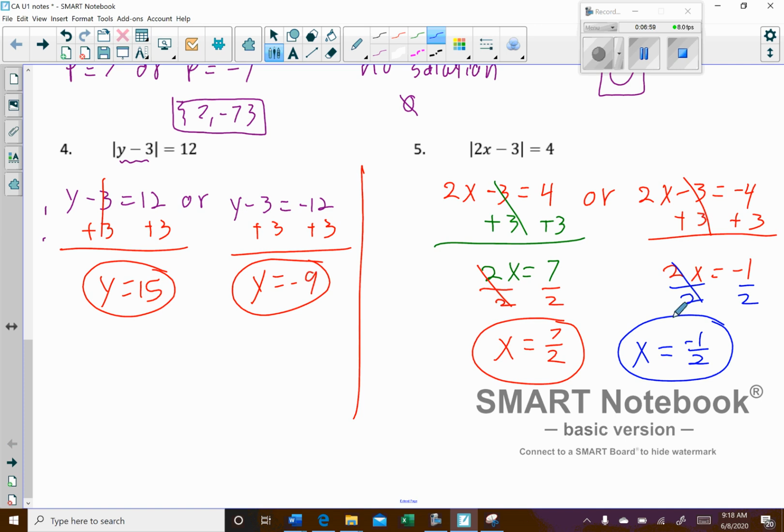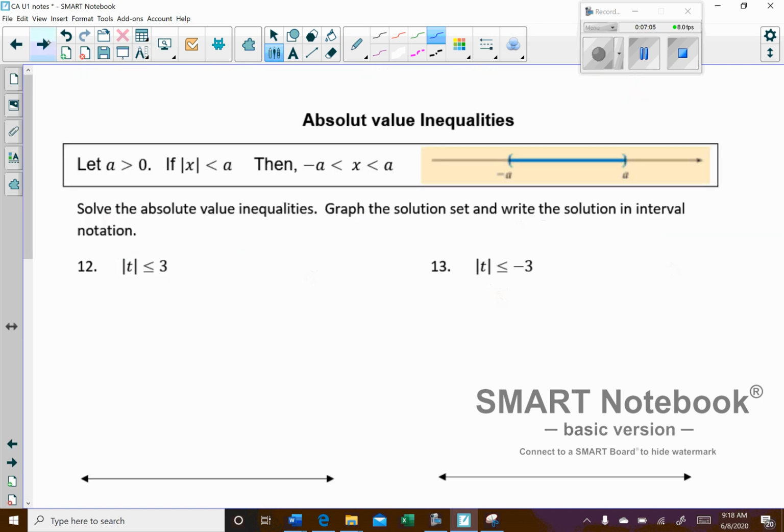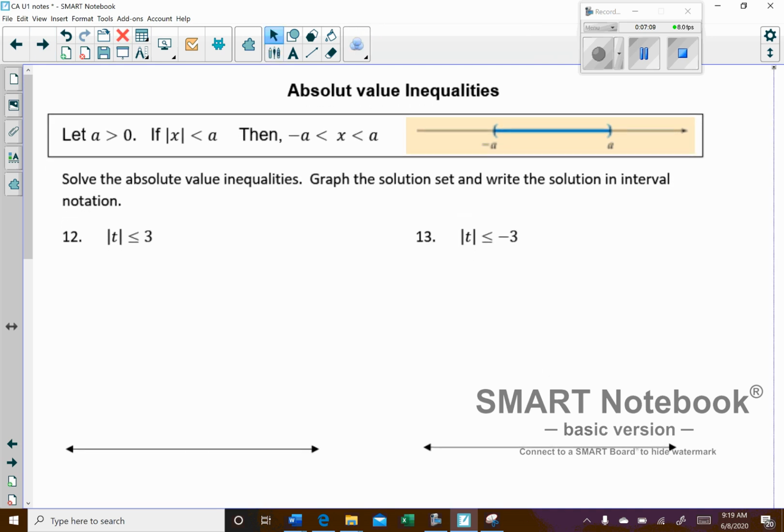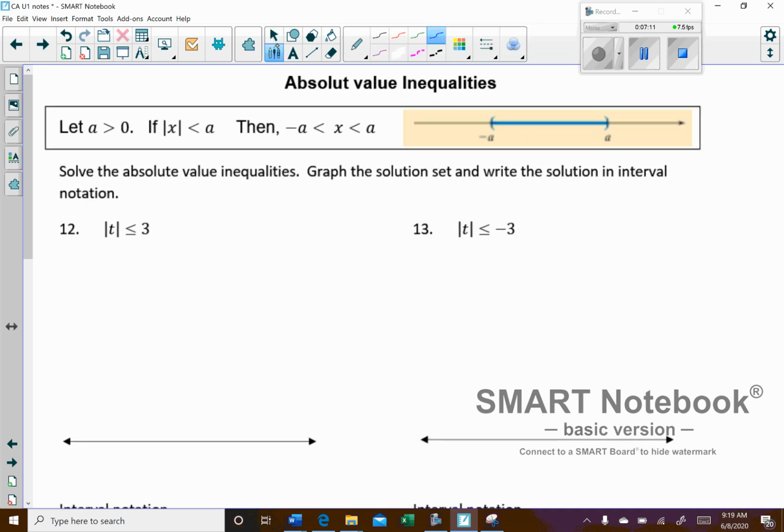So we're going to throw in inequalities, and they're going to be kind of weird at first, but once you play around with them, they're not too bad, though they are a little tricky to wrap your head around. So we'll look at the definition, and then an example, and I think that will help. Right here, it says let a be greater than 0. Basically, let a be a positive number.